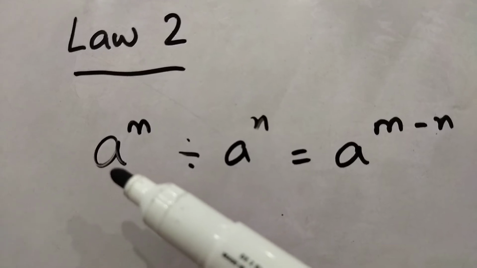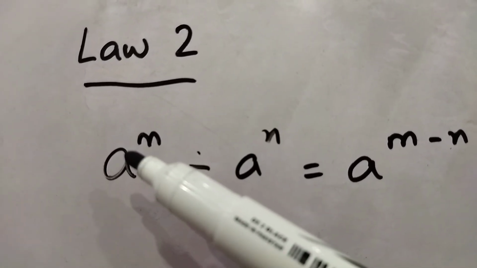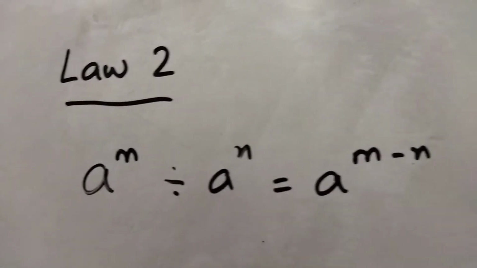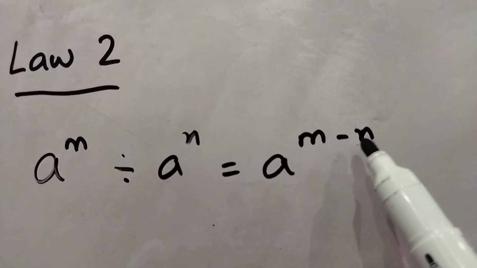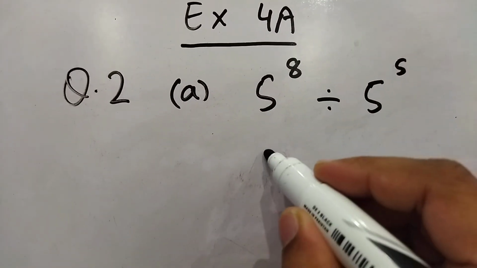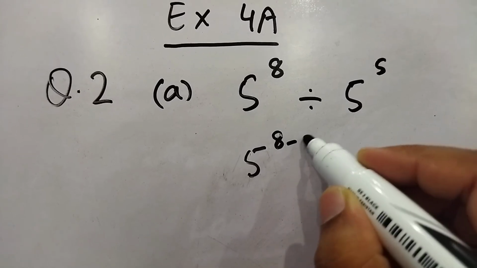Here you can see we have a as base, so all we need to do is subtract n from m. So what we are going to do here is a raised to power m minus n. Let's apply this over here. 5 as base, so we'll subtract 5 from 8.